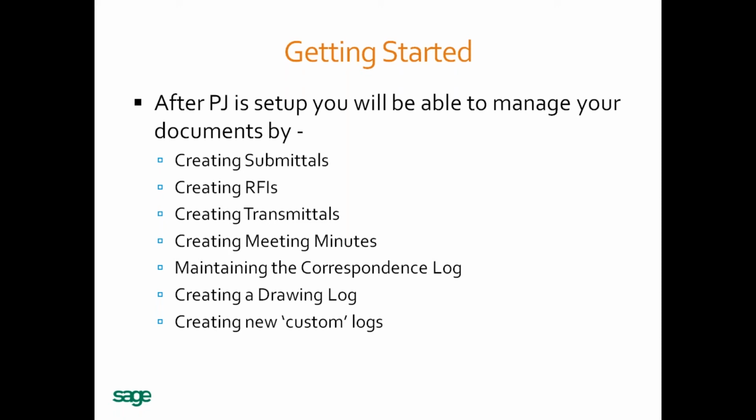Now, the request for information, another nice form that you are going to use if you need to ask questions about the project. So you'll be able to use this to type in your question, who the question needs to go to, and email it out from within project management. And then once the response comes back, you can go back in and fill in the answer.